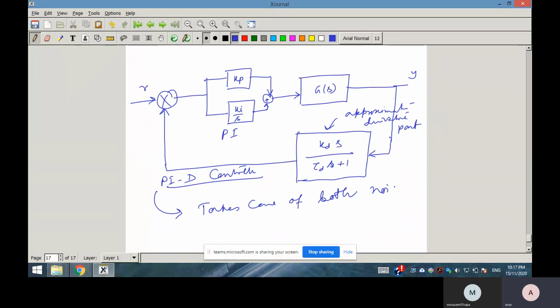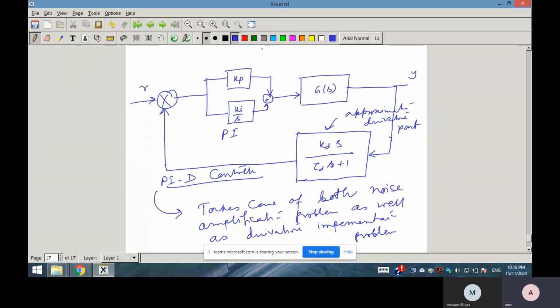both the noise amplification problem as well as the derivative implementation problem.